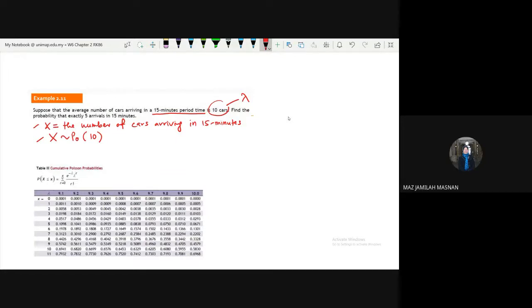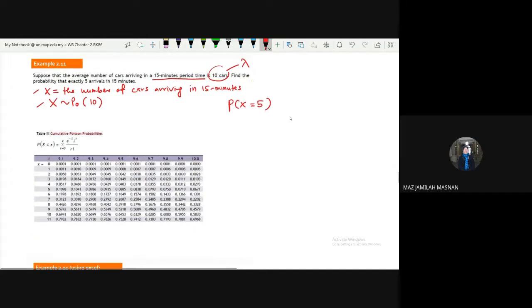Now, how are we going to solve this? What is the question? Find the probability that exactly 5. If you look at your Poisson table, find lambda equal to 10, and we are talking about 5.